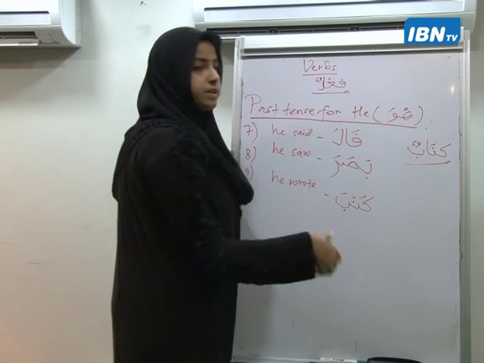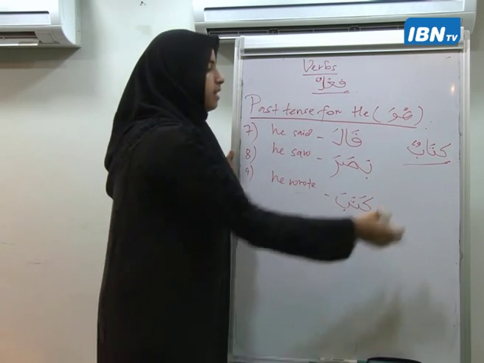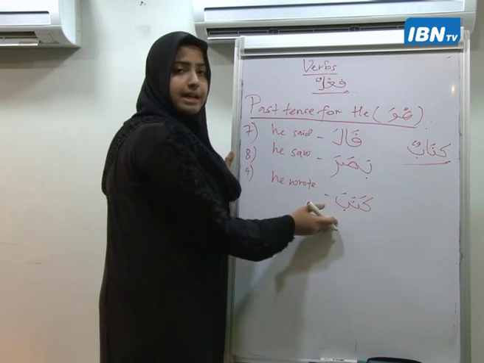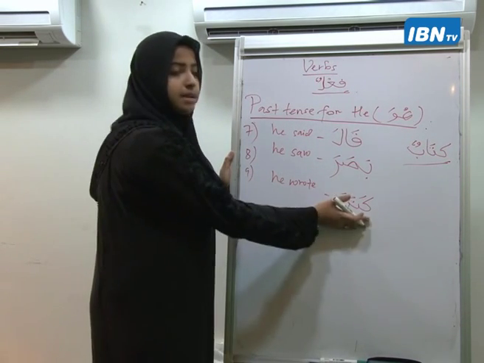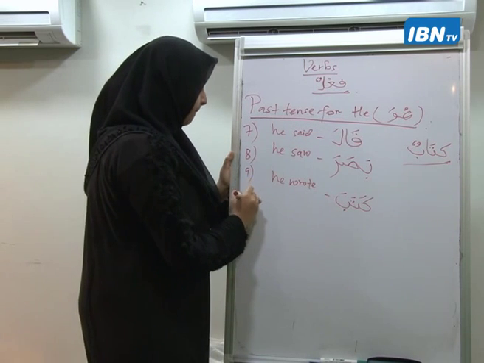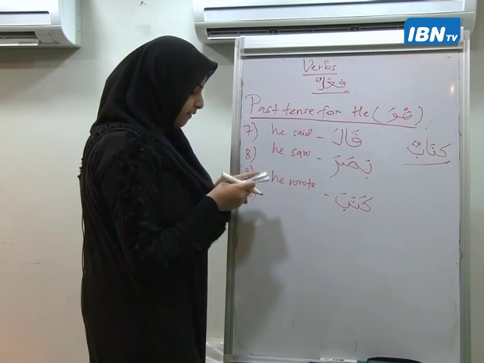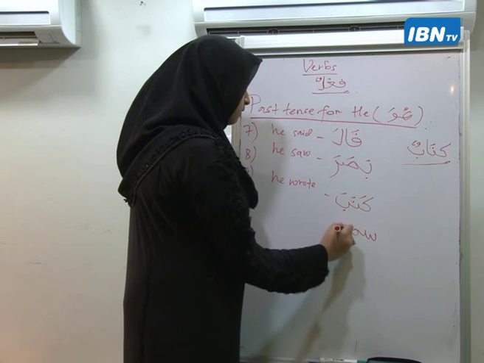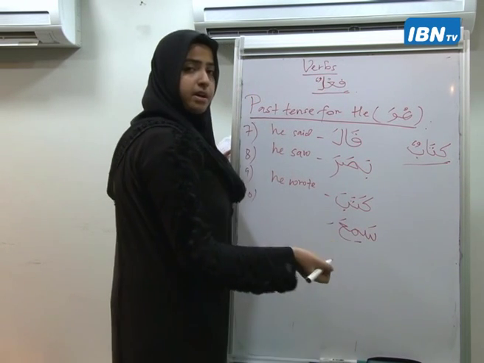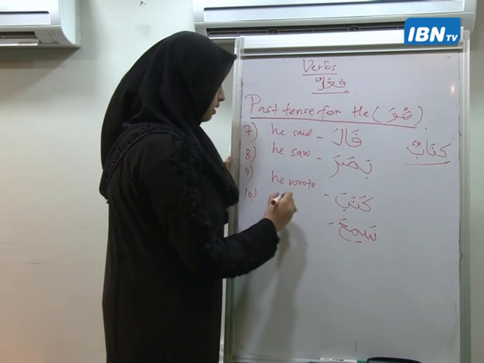Kitabun means book, right? So if you have the word kitabun, kataba, he wrote. Okay, so that's just an easy way to remember. Kataba, he wrote. Then we have samira. Samira means he heard. Okay.